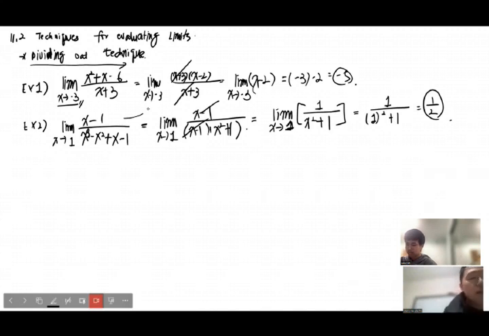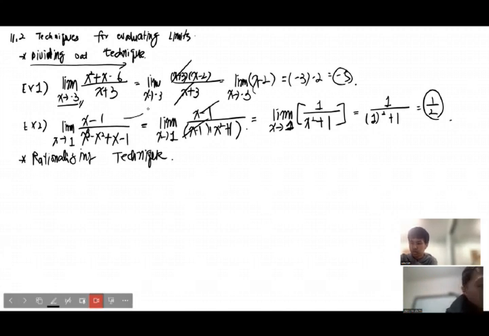So the next technique is the rationalizing technique to solve the limit of a function. We still need to take a look at an example problem to find out how this rationalizing technique works.